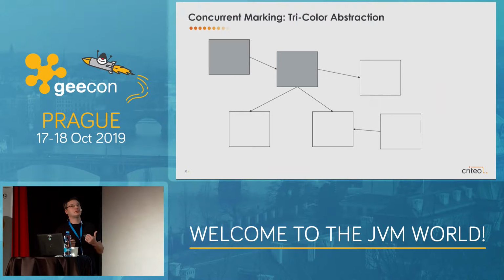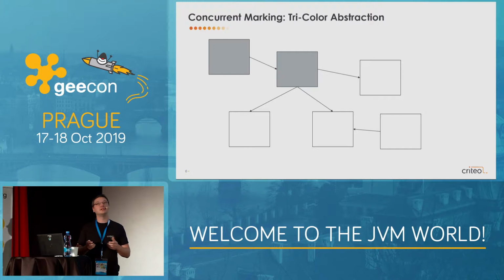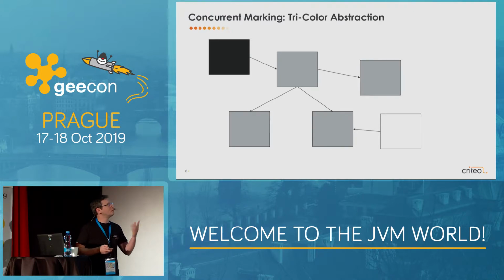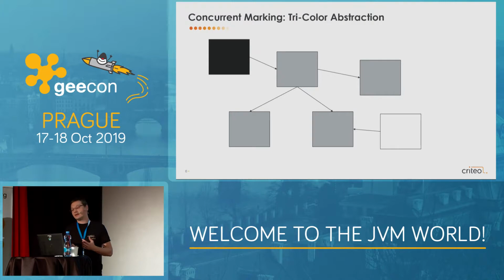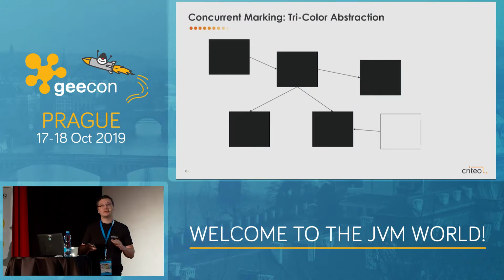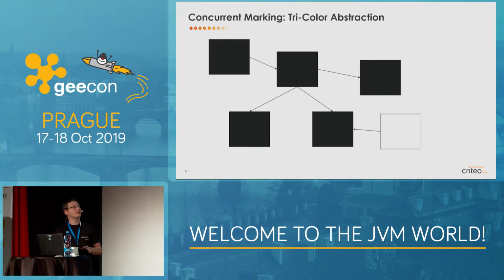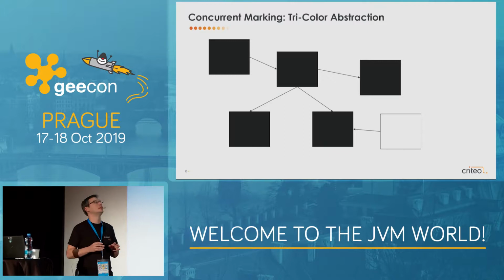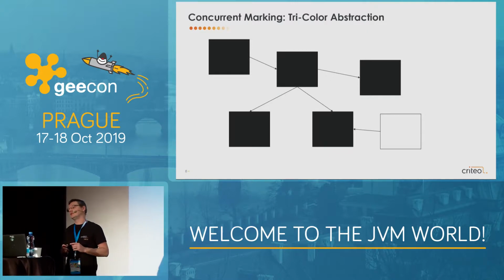As all the children of the first object are visited, we can mark it black. Then recursively, we go down the object graph, marking objects gray for the children, marking them black once done, and if there are no children, marking them black. So all those objects are live, and the white object is garbage.